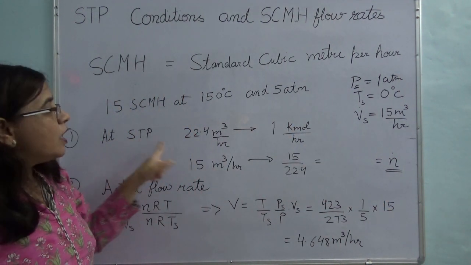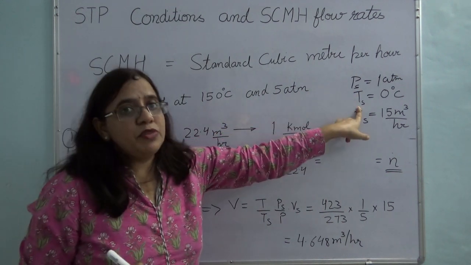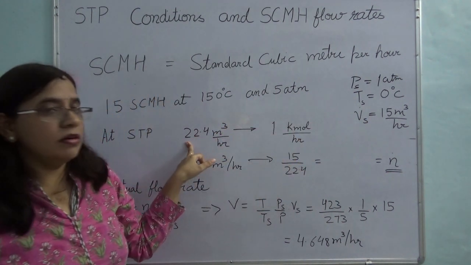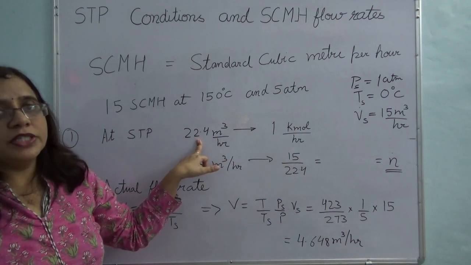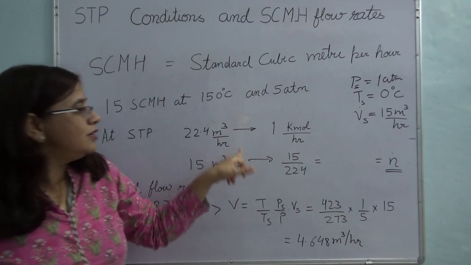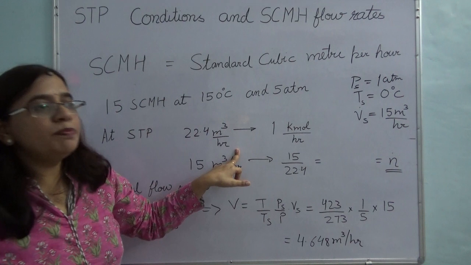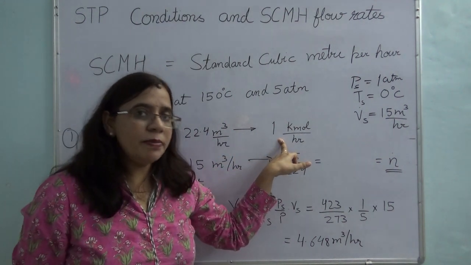How? Let's see. We know that at standard pressure and temperature, the volume occupied by 1 kilomole of gas is 22.4 meter cube. Or in terms of flow rates, 22.4 meter cube per hour of flow rate will correspond to a molar flow rate of 1 kilomole per hour.